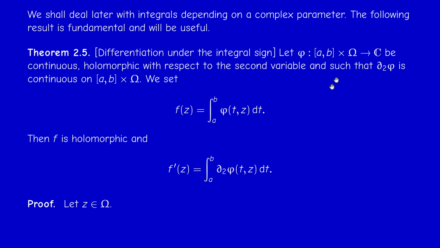Okay, and the derivative with respect to the second variable, which I denote by del 2, or if you like, you can denote it by del z, is continuous jointly in both variables. Okay, so the theorem, put simply, states that the derivative of the integral is the integral of the derivative.